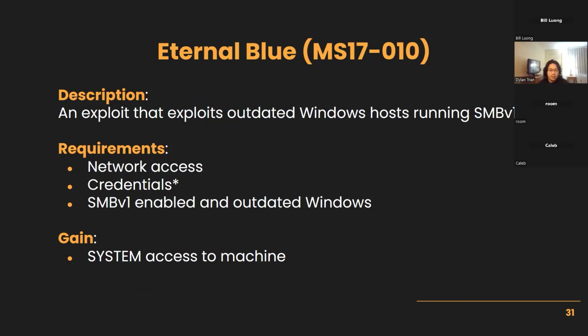And all you really need to do this is just network access and SMB version 1. You sometimes need credentials and you sometimes don't. This is just from my experience using this exploit, but sometimes it works without credentials and sometimes it doesn't.